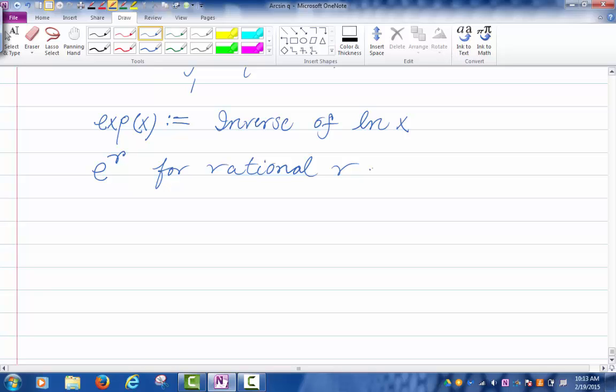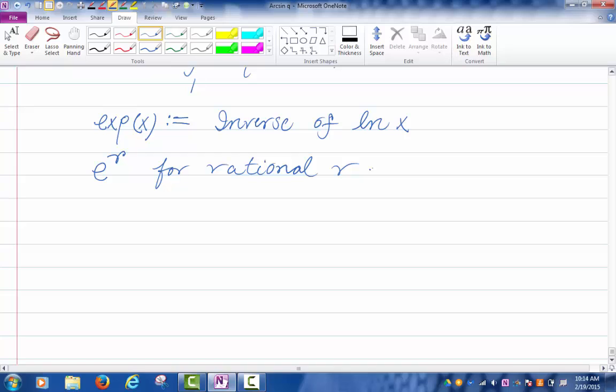You guys understand what I'm saying? exp was defined, e to the r was separately defined independently, and then we showed e to the r and exp of r agree for any rational r. But then we asked, what does it mean to raise e to an irrational exponent? We didn't have a meaning of that.